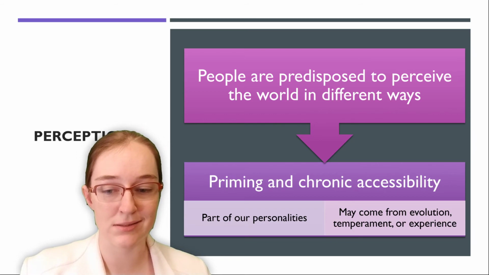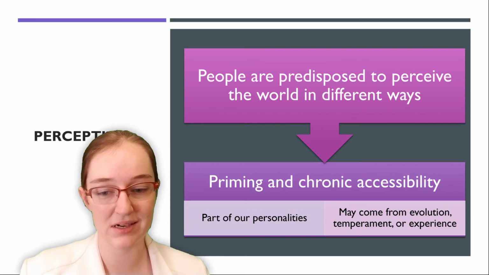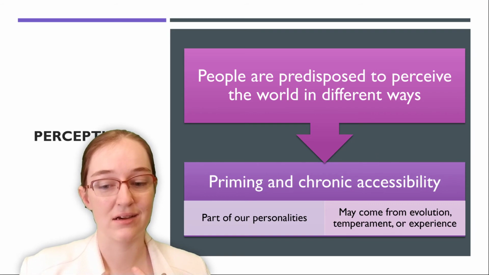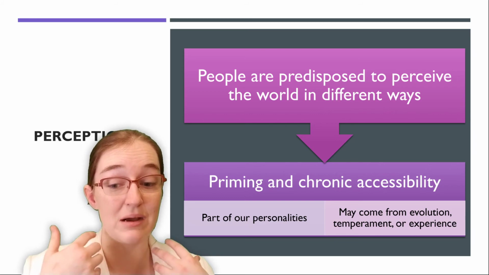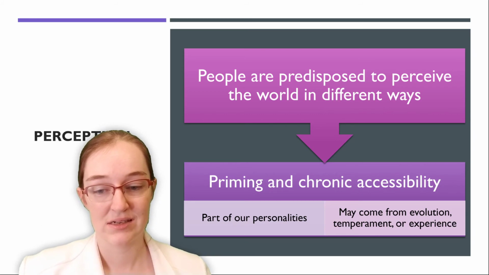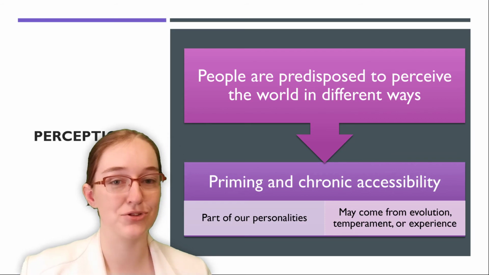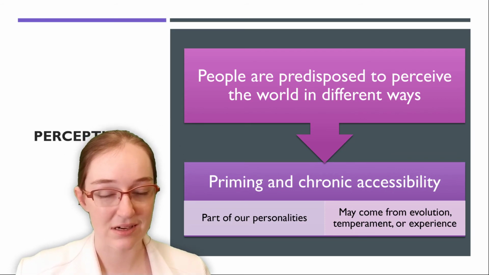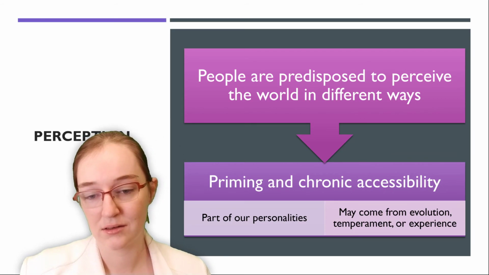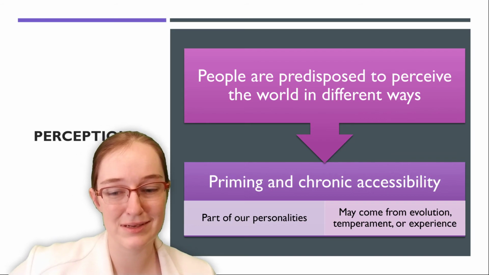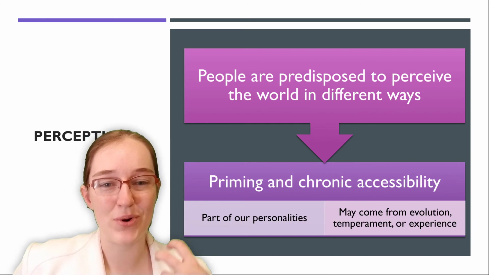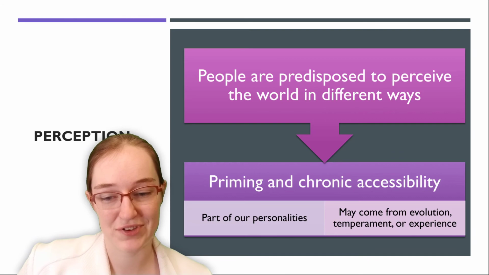There's a general tendency called chronic accessibility, a tendency for an idea or concept to come easily to mind. Some ideas come faster to us than others, and they're chronically, I feel like chronically is not the right word, but that's the word the book uses, and so I'm trying to keep it consistent. But they're more able to come to the surface.